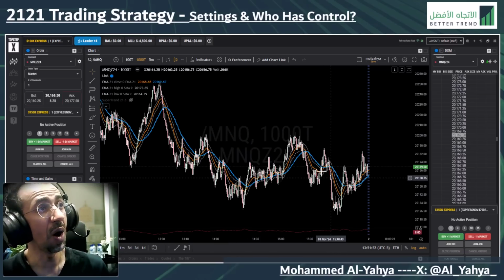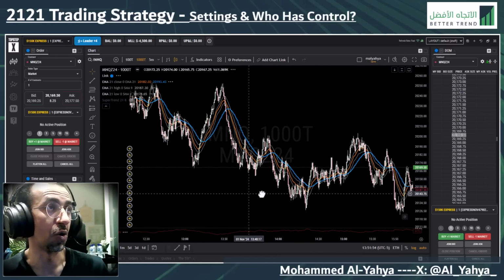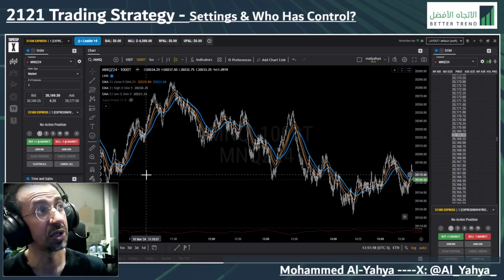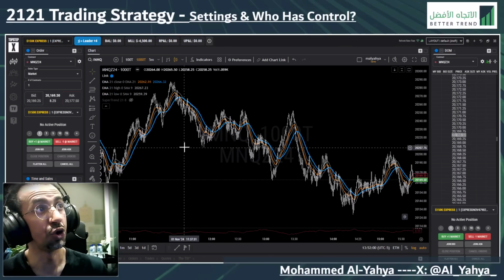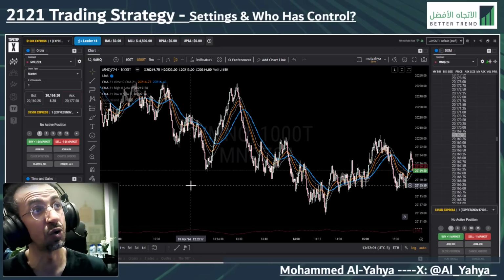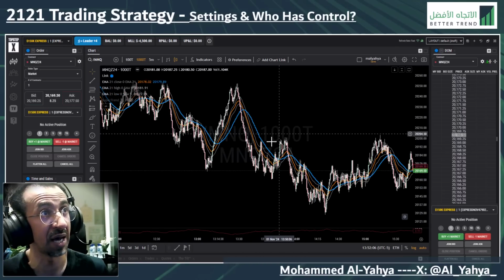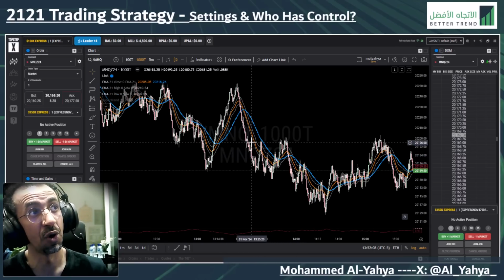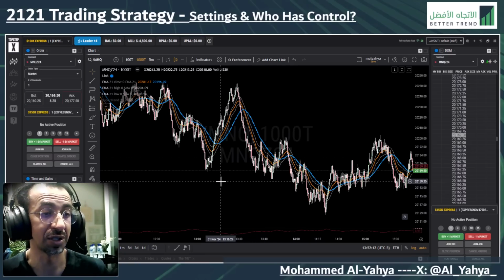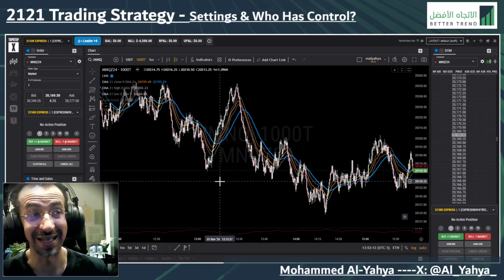So how am I using these things? First of all, before using this, don't use those as a signal. Don't use touching the moving average as a signal. It will not work all the time. Yes, it works sometimes, but it doesn't work all the time. So don't use it as a signal. Use it as an indicator, because it is an indicator, guys.